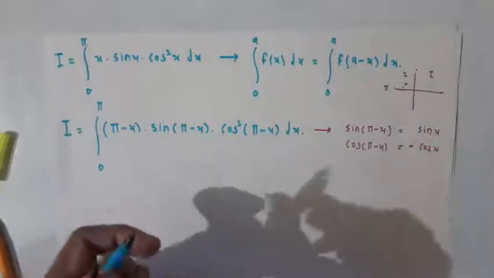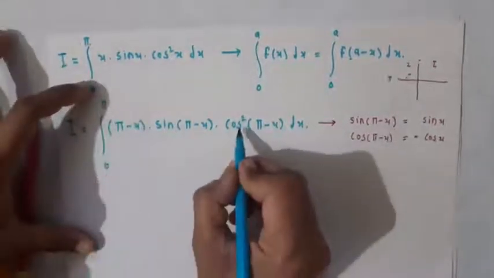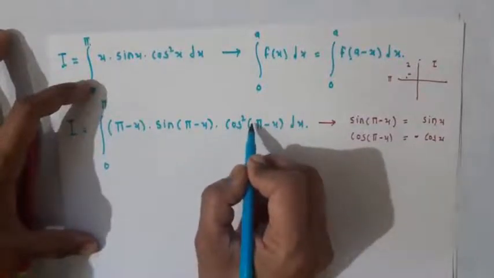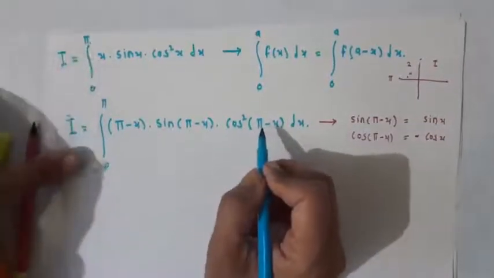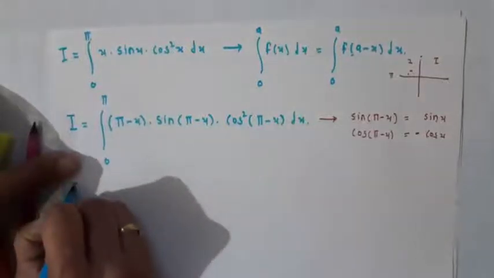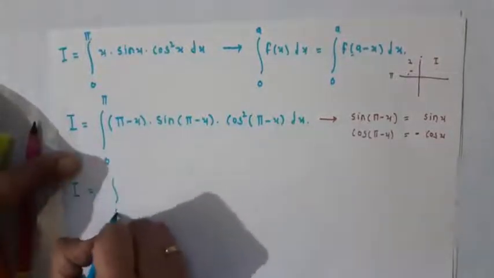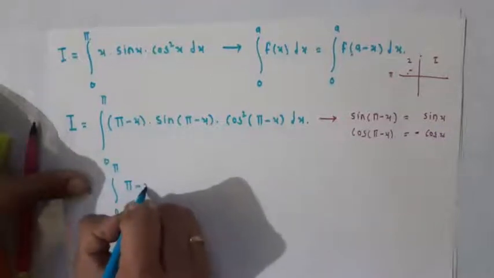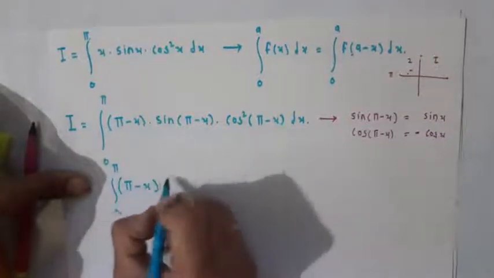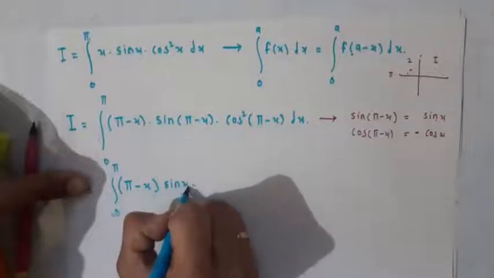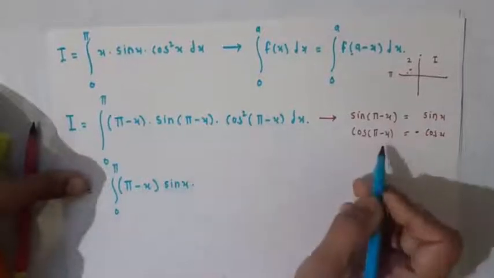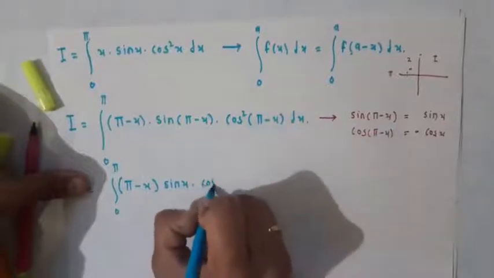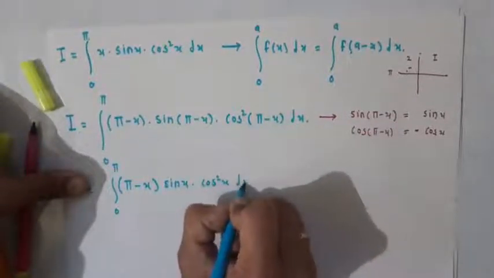Okay, and now this is cos square, means minus cos of x into minus cos of x, that becomes plus cos square x. Therefore integration I equal to 0 to pi, this is pi minus x into sin x, and cos square of pi minus x is minus cos x into minus cos x is plus cos square x with respect to x.